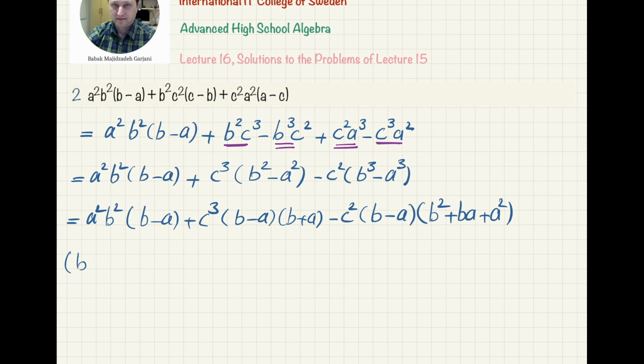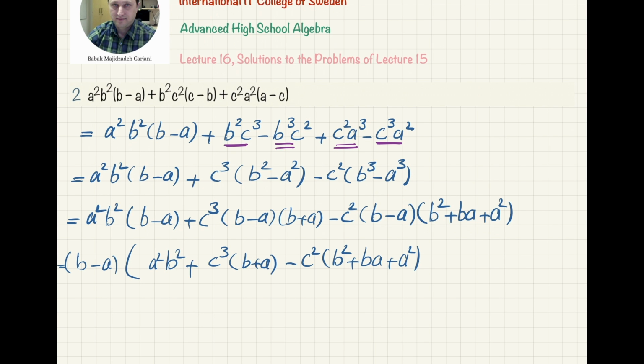So it becomes b minus a, and what is left is a squared times b plus a, then c cubed and b plus a are left, so c to the 3 times b plus a, and then here b minus a is pulled out, so minus c squared and this term are left, so it's minus c squared times b squared plus ba plus a squared.